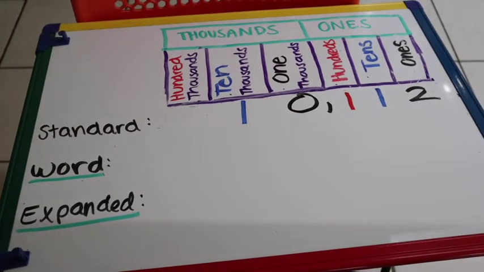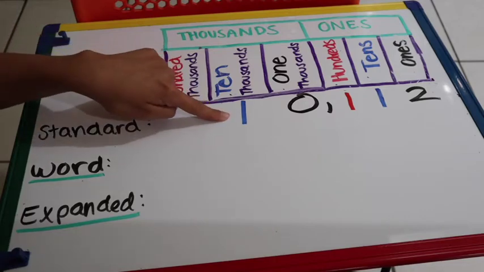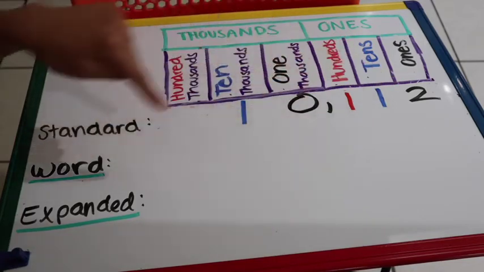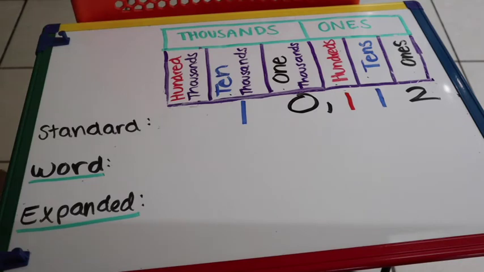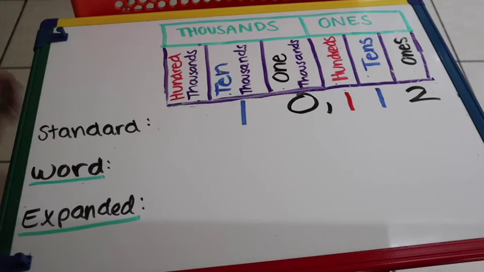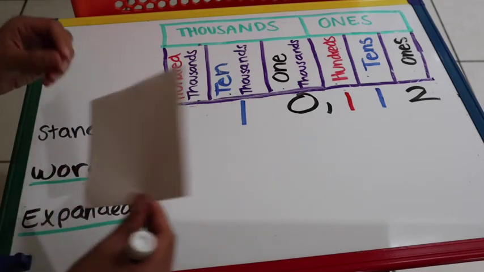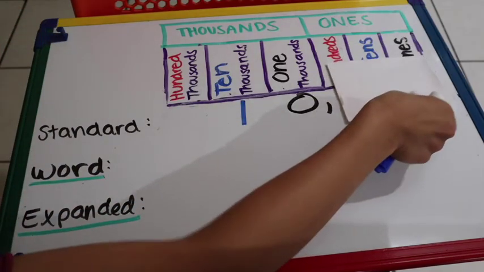Okay, I'm going to show you another example, this time with a smaller number, 10,112. It's already written for you in standard form right over here in our chart. Let's hop right into word form. Okay, so once again, I'm going to get my piece of paper and I'm going to cover these last 3 digits.